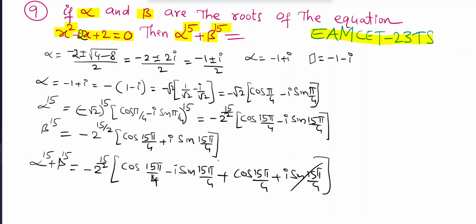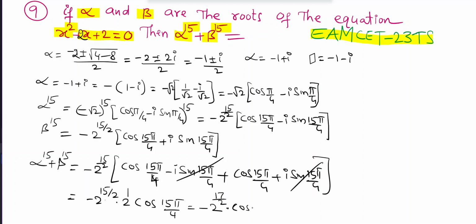Here i sin 15 pi by 4 cancels. That is minus 2 power 15 by 2 into this value 2 cos 15 pi by 4. That is equal to here 2 power 1, 2 power 15 by 2 into 2 power 1. This is minus 2 power 15 plus 2, this is 17 by 2.